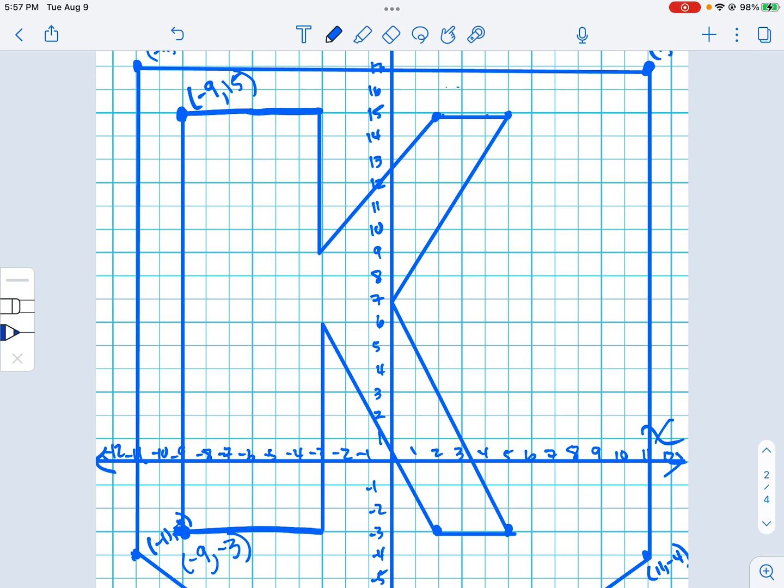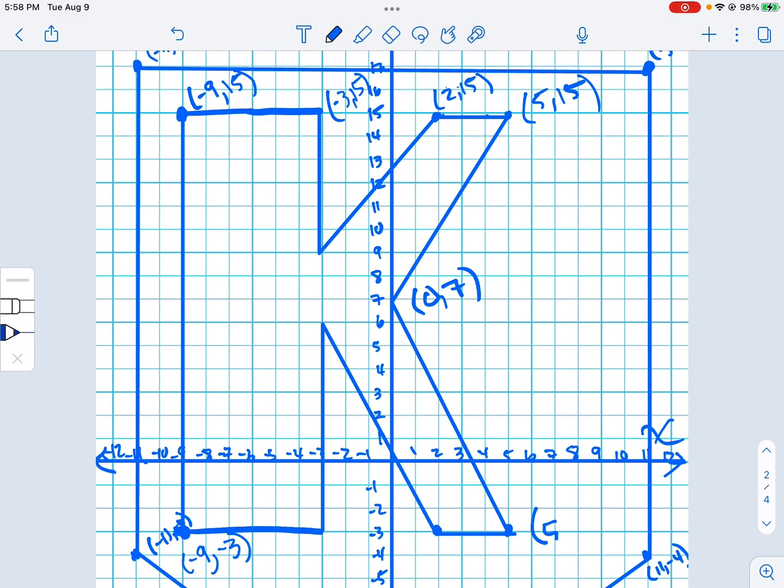And then I'm just going to label my points. So this point, I went over 3 in the negative direction. I went up 15. This one, I went over to 2, up to 15. I went to 5 and 15. This point right here is 0, 7.